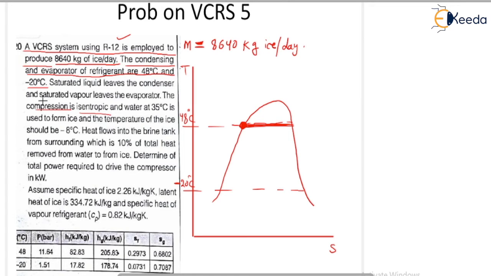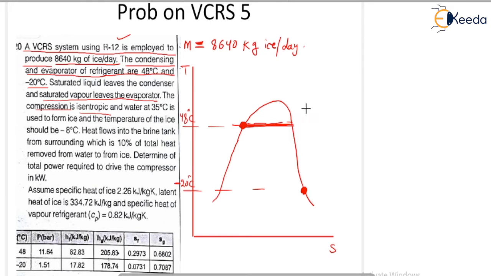Saturated vapor leaves the evaporator. That means the evaporator exit point is here, and the condenser exit point is here.